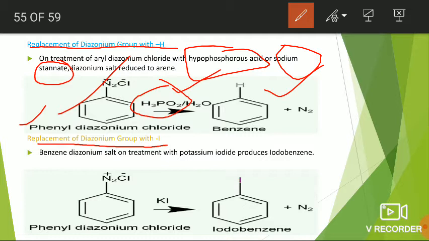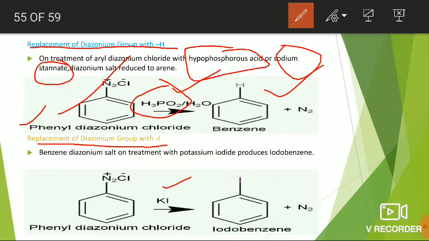In the first step, aromatic primary amines are converted into the corresponding diazonium salts. These diazonium salts are next treated with alkali iodide, mainly potassium iodide.